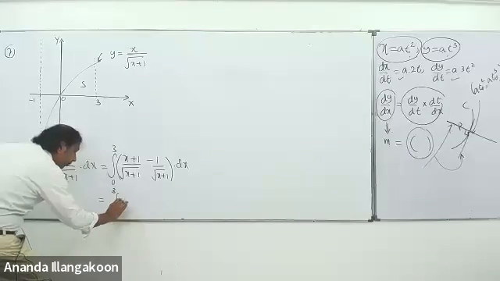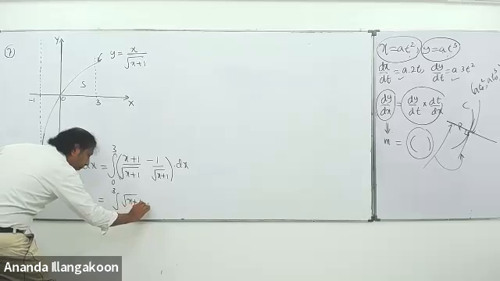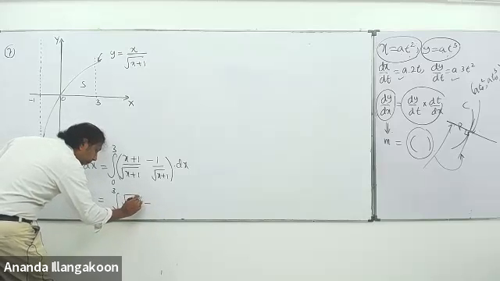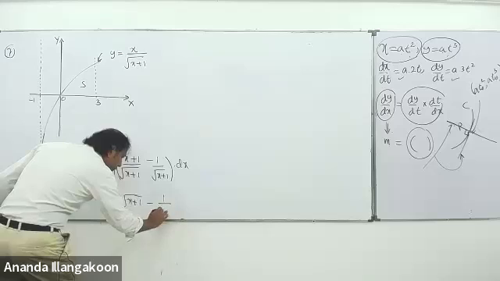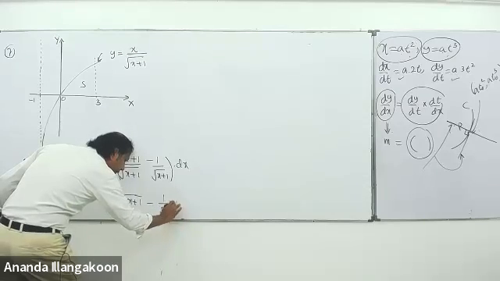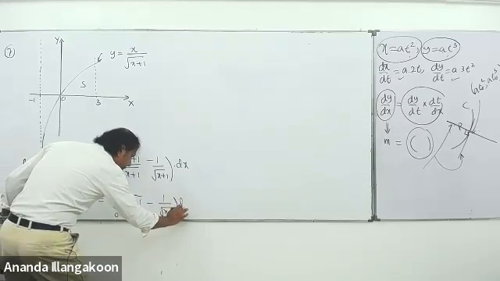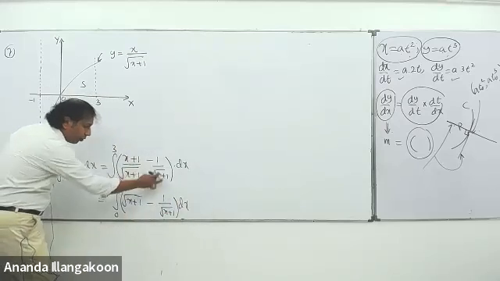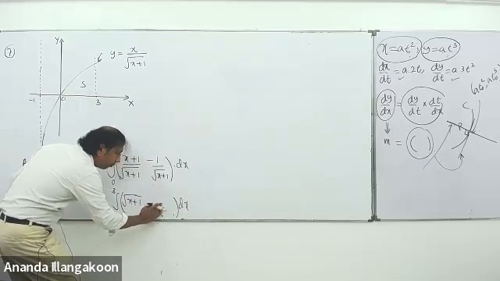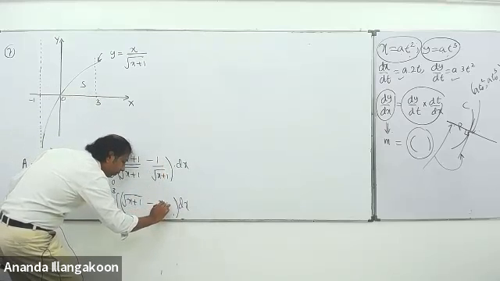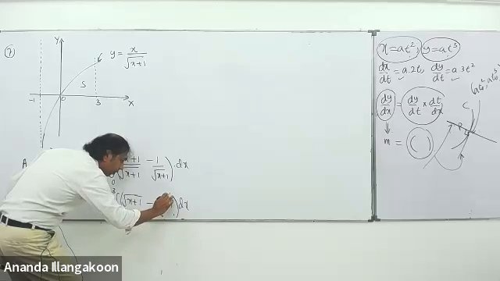From 0 to 3, root x plus 1, 1 over this, dx. This one I can take to the numerator: power half becomes minus half. x plus 1 to the power minus half.